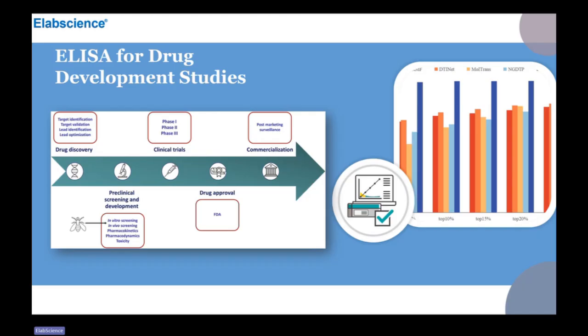During pharmacodynamics or these kinds of pharmaceutical studies, it tracks protein changes in response to treatment. This ultimately allows researchers to evaluate efficacy, optimize dosing, and support regulatory submissions. ELISA provides rapid, reproducible data across multiple stages of drug development.